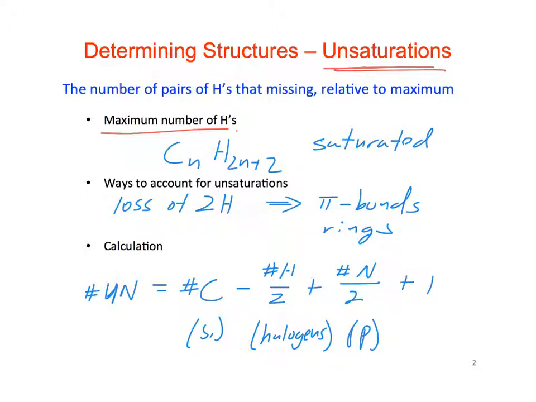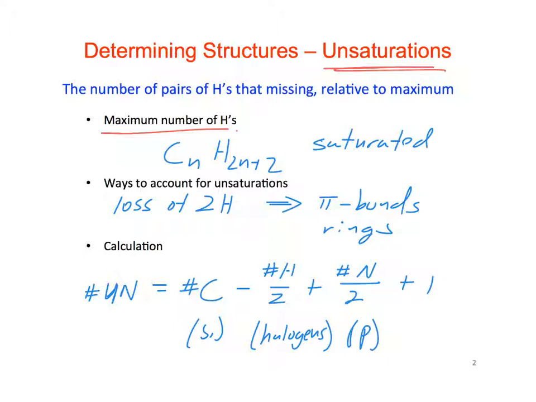As we go through some of these examples, one of the first things to do to make it easier is to calculate the number of unsaturations. It gives us some idea about the structure right away from the molecular formula. Halogens go under hydrogen because if you're going to put a halogen on a structure, you essentially take off a hydrogen and put on a halogen, so it doesn't affect the unsaturation number.